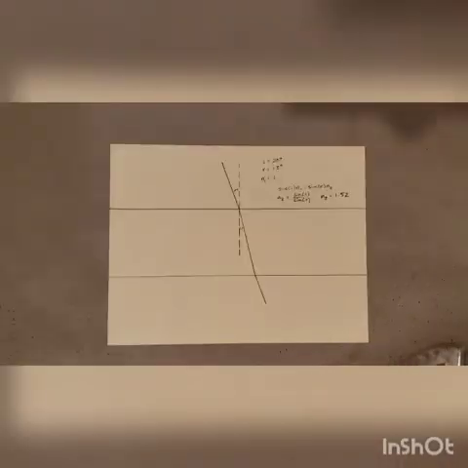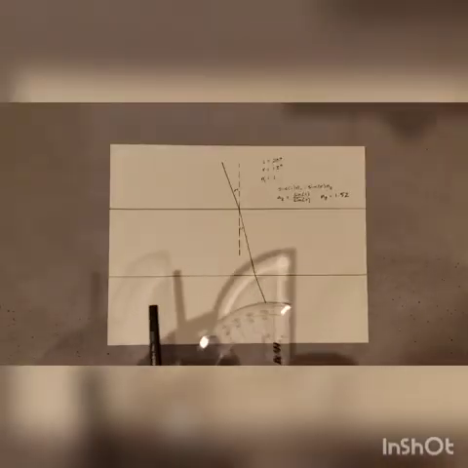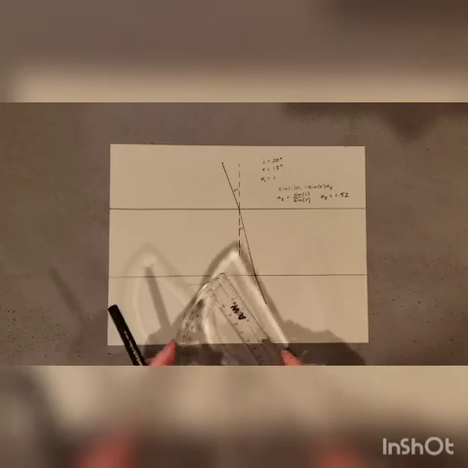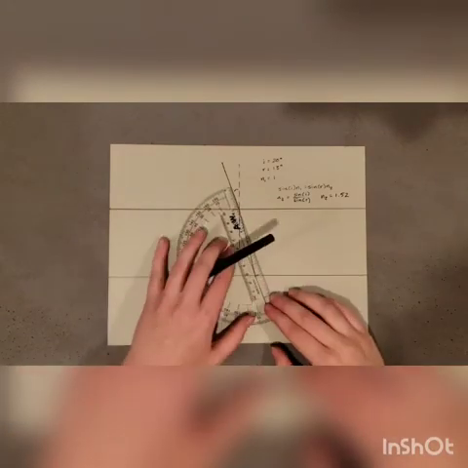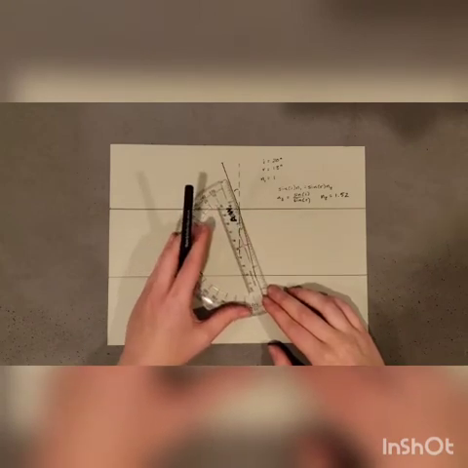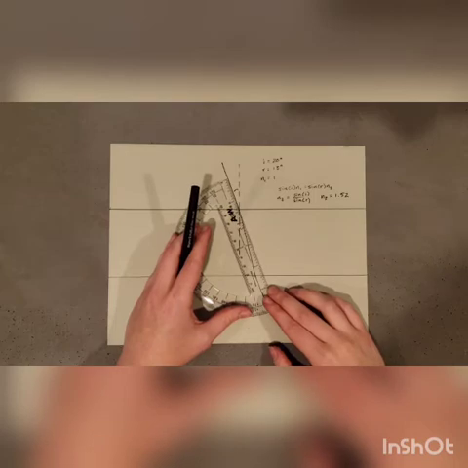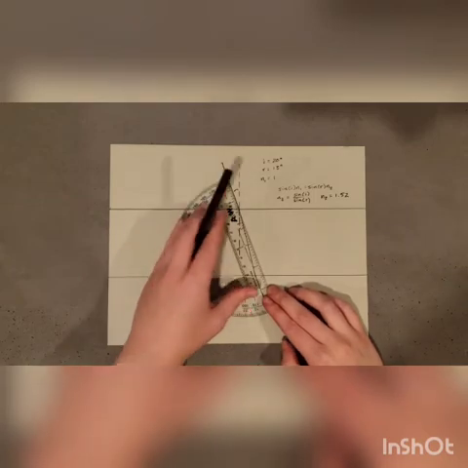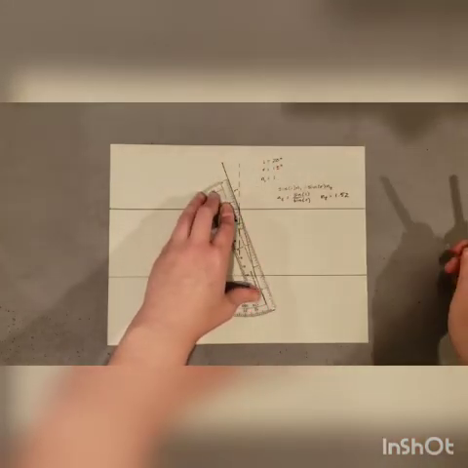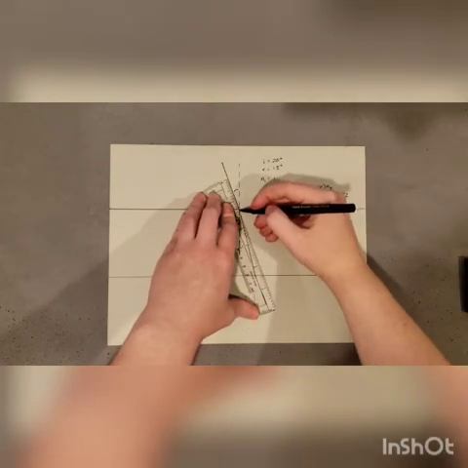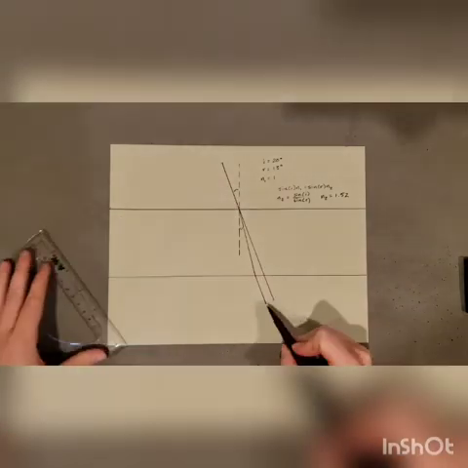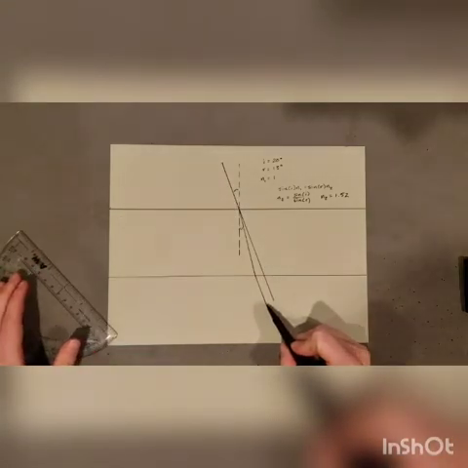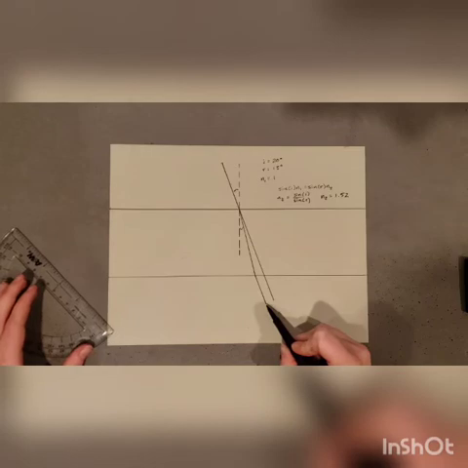Now we're going to take a look at a lateral shift, which occurs with a refraction. Now a lateral shift is where the incident ray coming in, if you keep that line going, is perpendicular to the ray coming out of the glass.